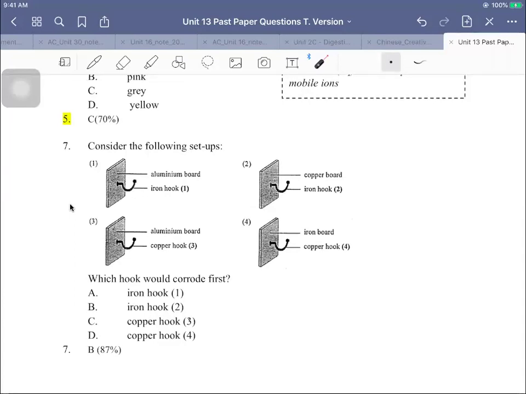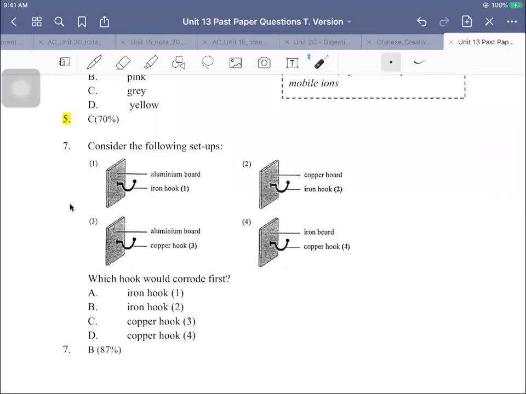So take a look at answer 1. Aluminium is more reactive than iron, so actually that's sacrificial protection. Number 2, copper with iron. Copper is less reactive than iron, so iron would tend to lose electrons to copper. So the second one, yes. And let's check the rest too.